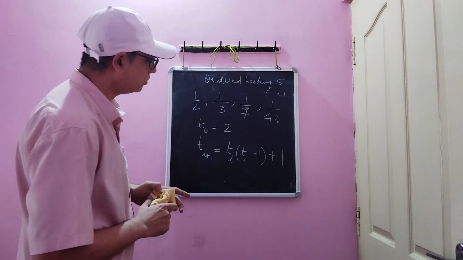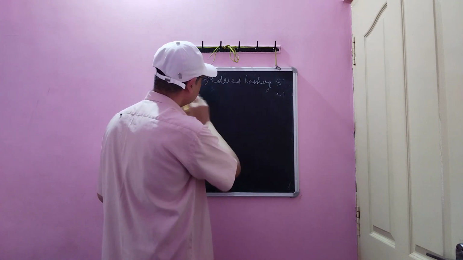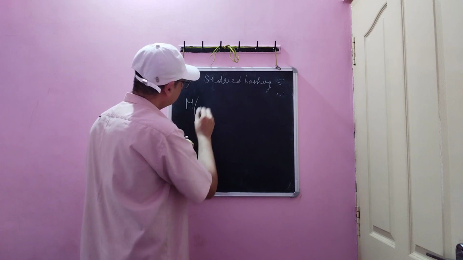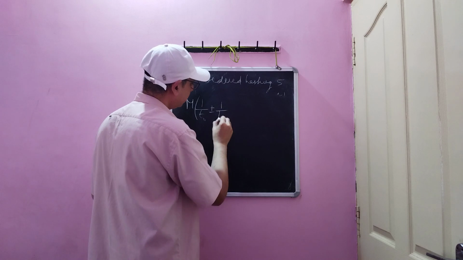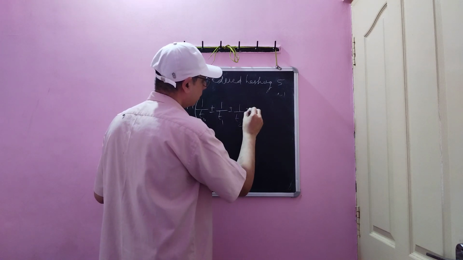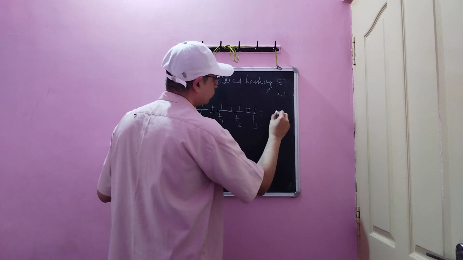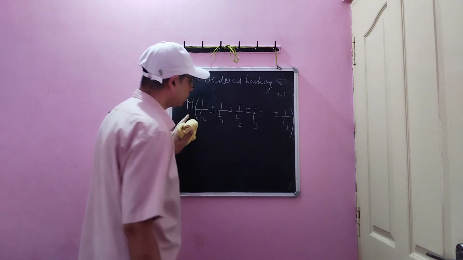So the coding is as follows. We have M here, 1 by T naught plus or minus 1 by T1 plus or minus 1 by T2 plus or minus 1 by T3 plus or minus and so on plus or minus 1 by TL. There are L plus 1 ratios fixed.